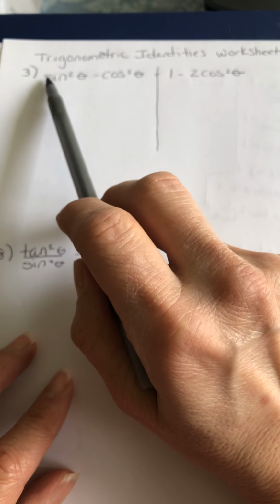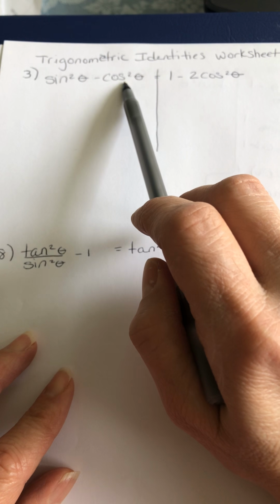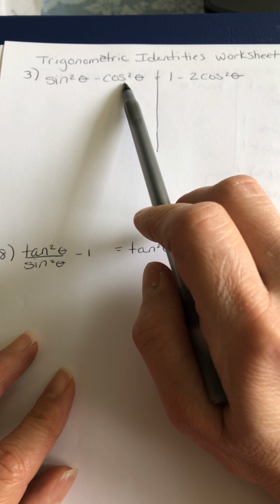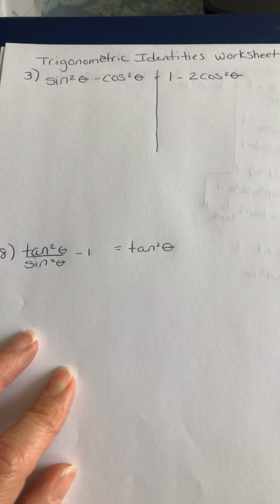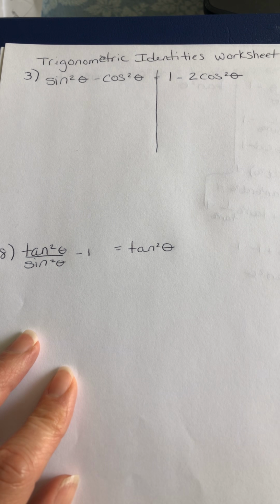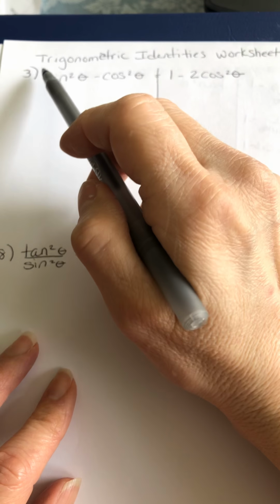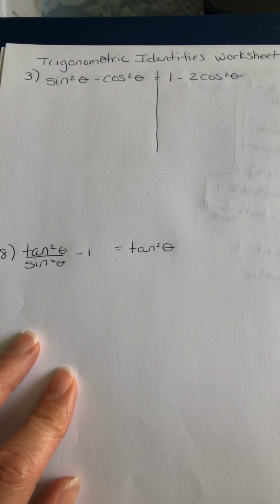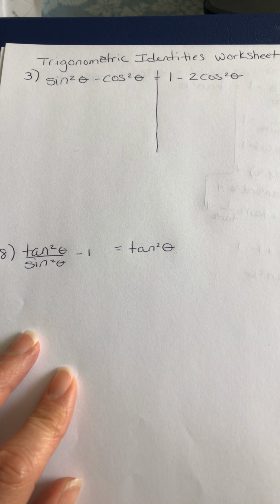So when I look at sine squared theta minus cosine squared theta, one of the things I think about is that Pythagorean identity, which is sine squared theta plus cosine squared theta equals 1. So I know I can't use that exactly the way that it's written, but if I rearrange it, I know that sine squared theta is just the same as 1 minus cosine squared theta.